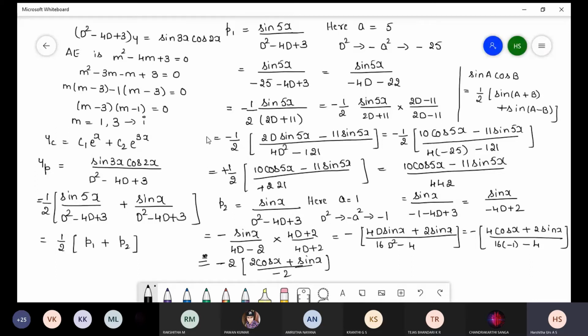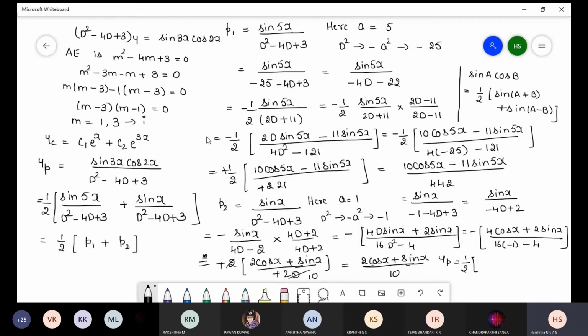So minus 2 ones are 2 tens are... So 2 cos x plus sin x divided by 10. This is the P2 value. Now yp, already we have yp is equal to 1 by 2 into the P1 value.